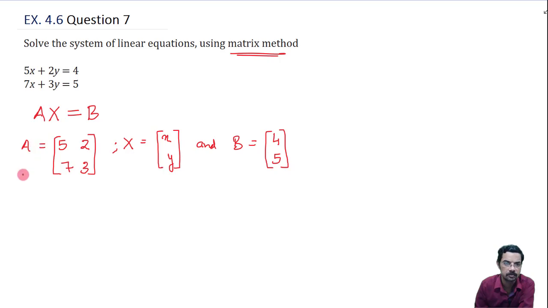Now this system is said to be consistent if and only if the determinant of A is non-zero. We have to find the determinant of A. Determinant of A is 5, 2, 7 and 3. That will be equal to 5 threes are 15 minus 7 into 2 is 14, which is equal to 1, and this is not equal to 0.